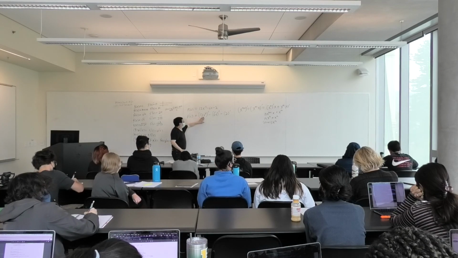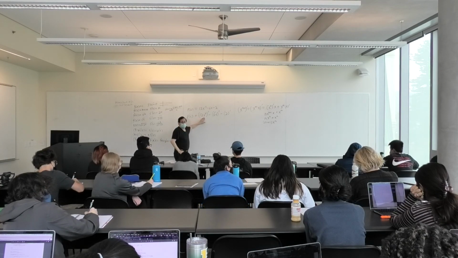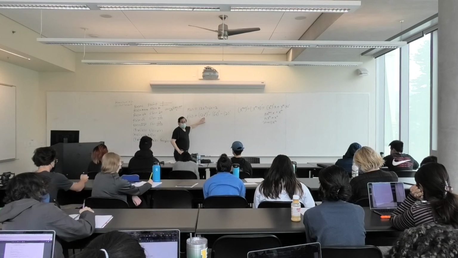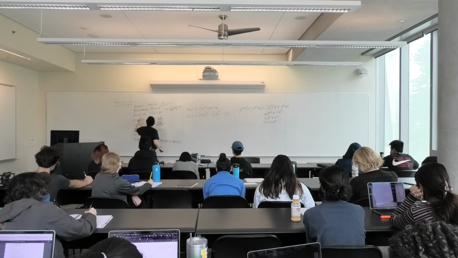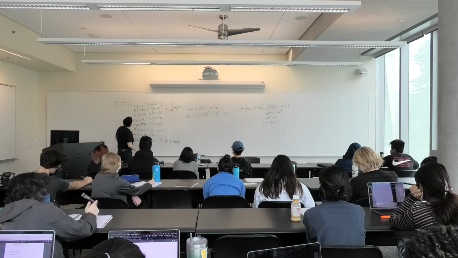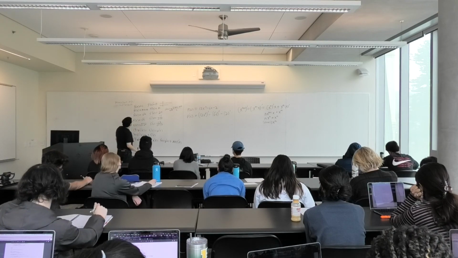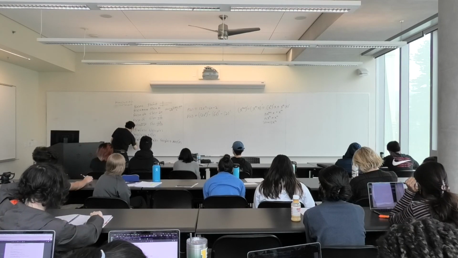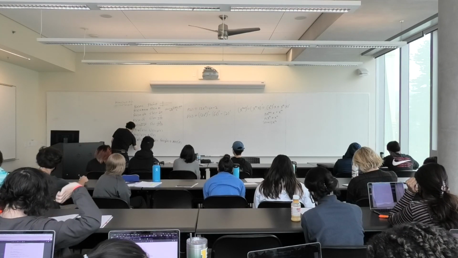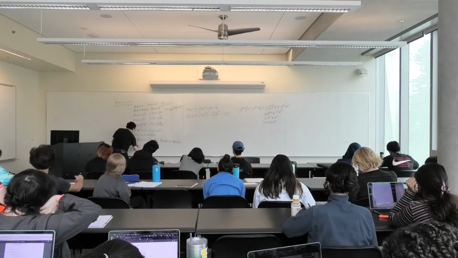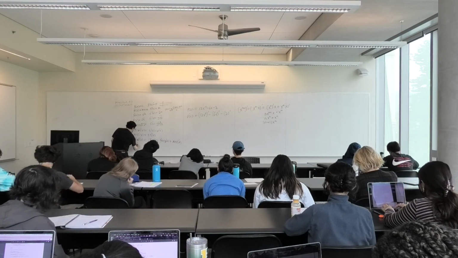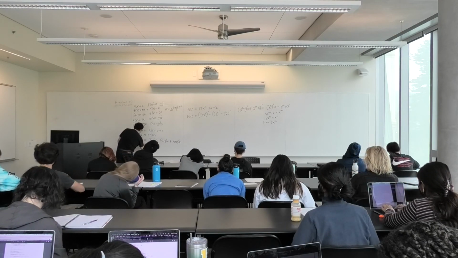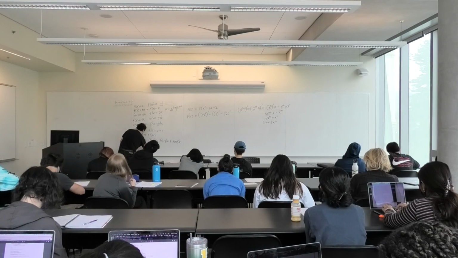Here I have the derivative of 12x cubed. Well, remember, we didn't put it here. I guess we should put it here. The derivative of k times a function is just k times the derivative of the function.